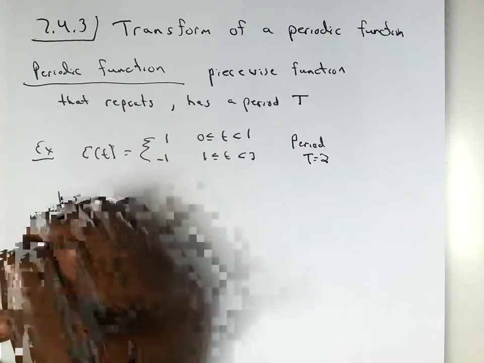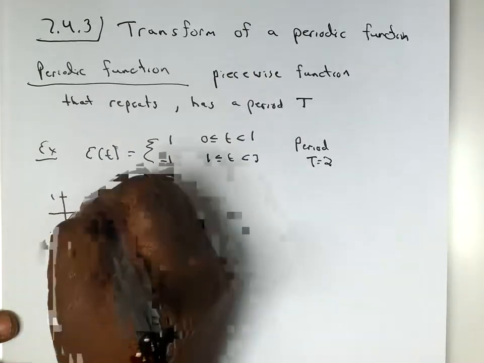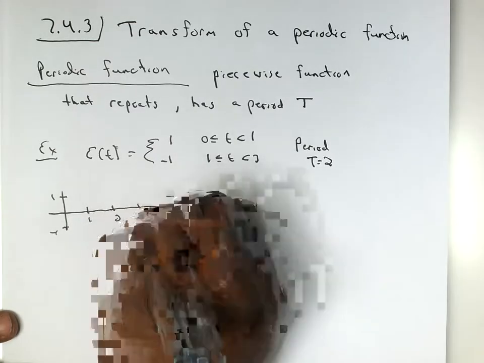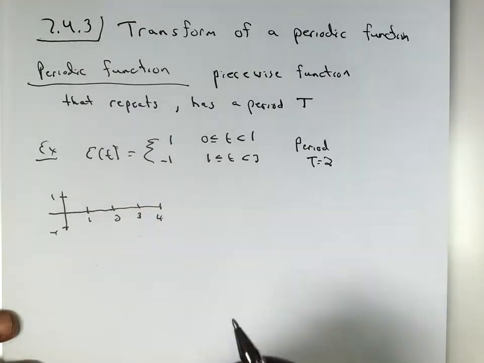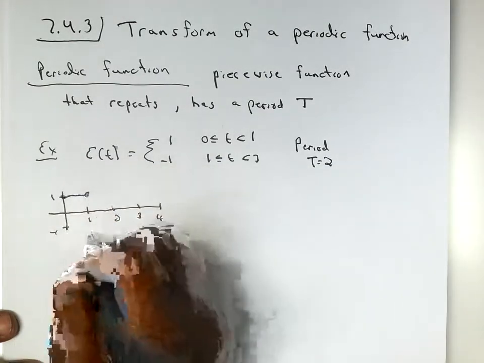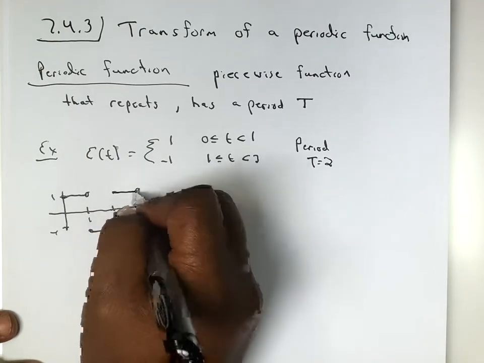So if I were to sketch that out quickly, then I have 1 up until 1, and then negative 1 up until 2, and then it just repeats the pattern.